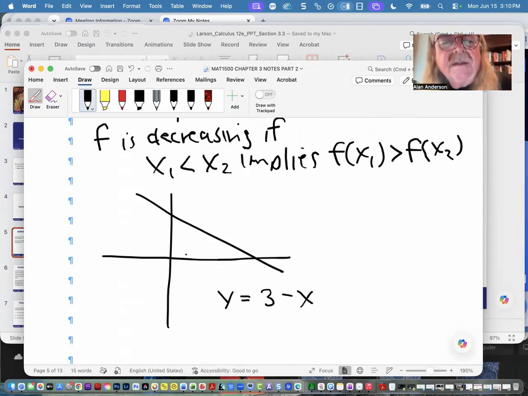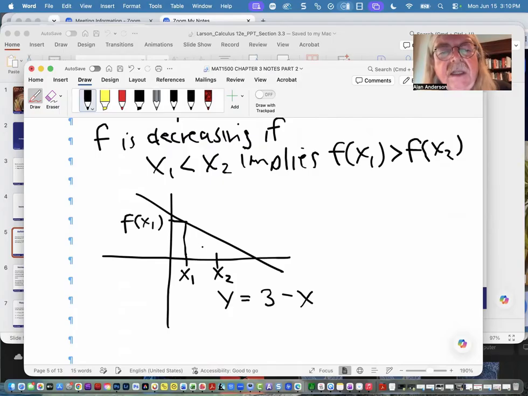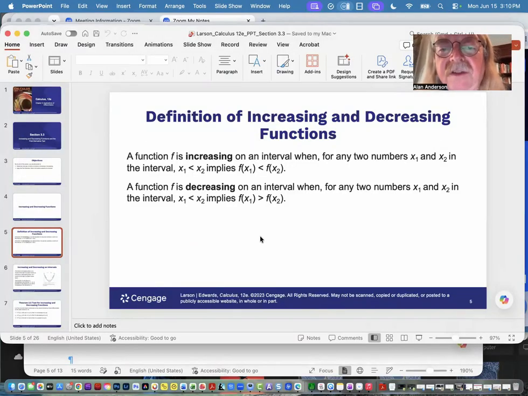So what this means is that no matter what x I pick, again, as long as x1 is smaller, it guarantees that f of x2 is also smaller. Okay, for all the points in whatever interval we're considering.